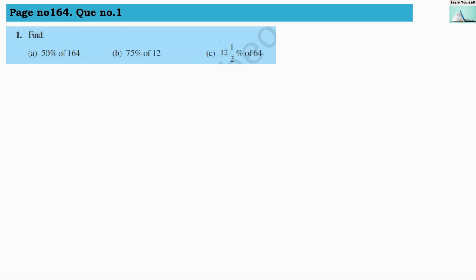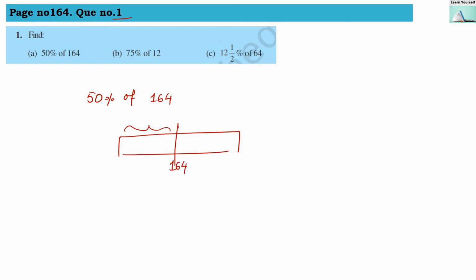Try these sums, page number 164, question number 1. We have to find what will be 50% of 164. If this full quantity is 164, then we have to find what will be 50% of this number.